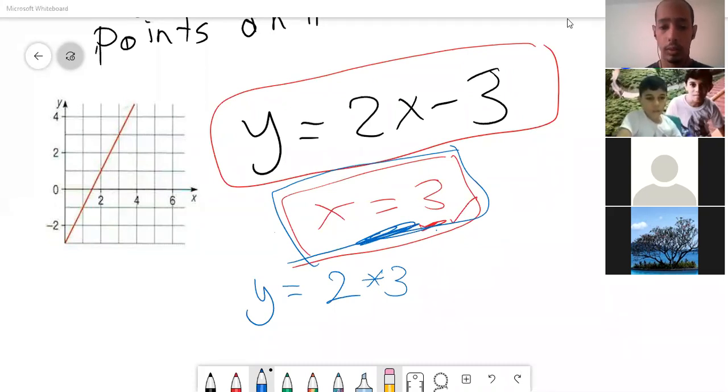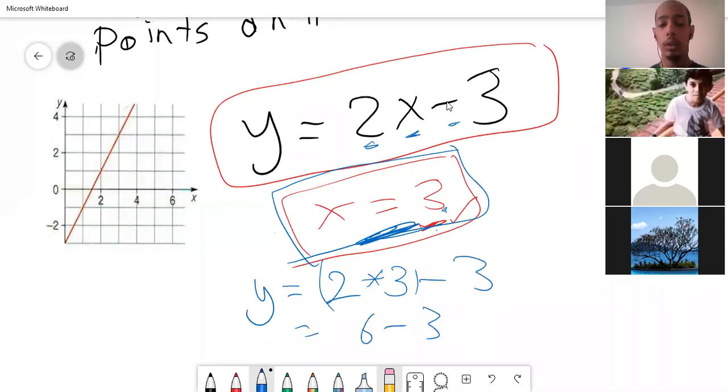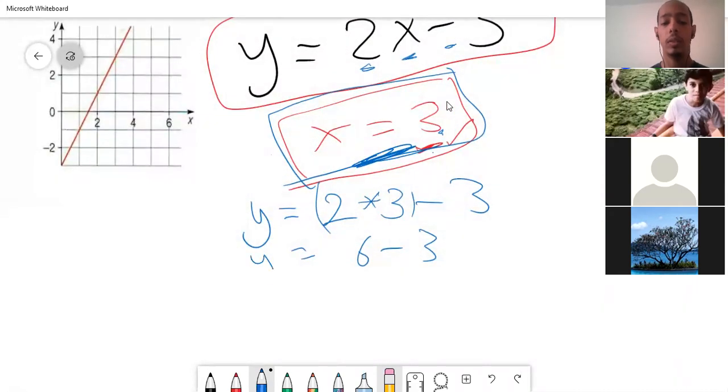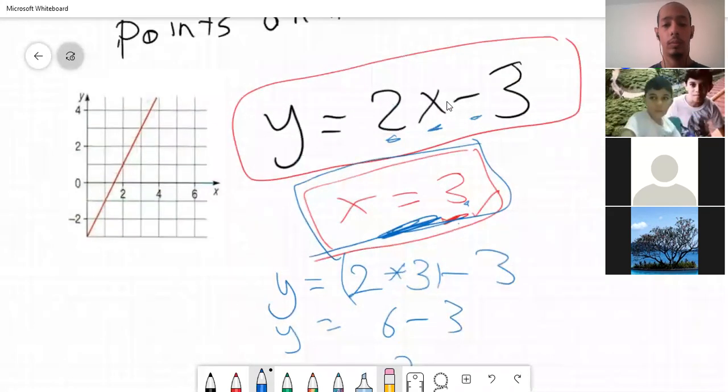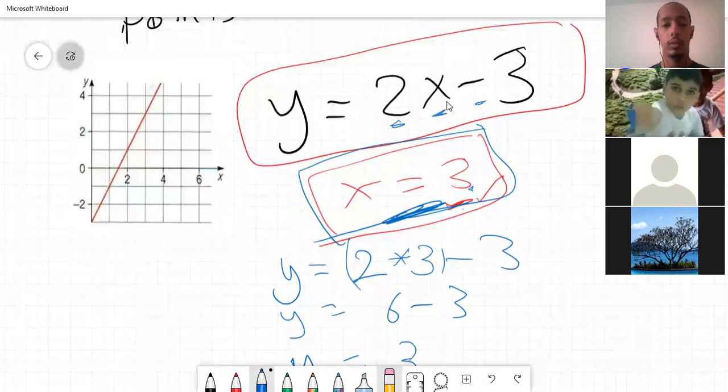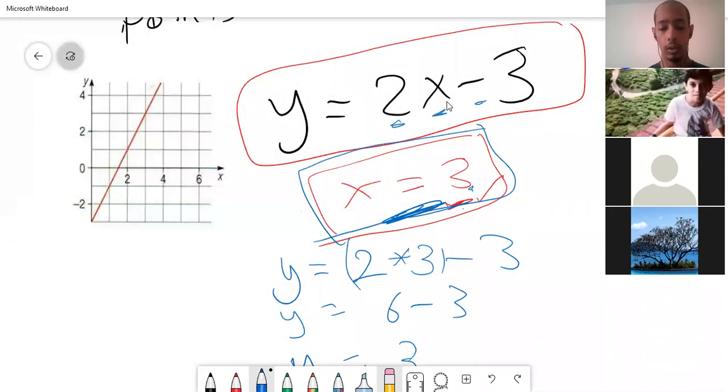This means we are going to say 2 times x. x is 3, so 2 times 3 minus 3. 2 times 3 equals 6, minus 3. This means y equals 3.